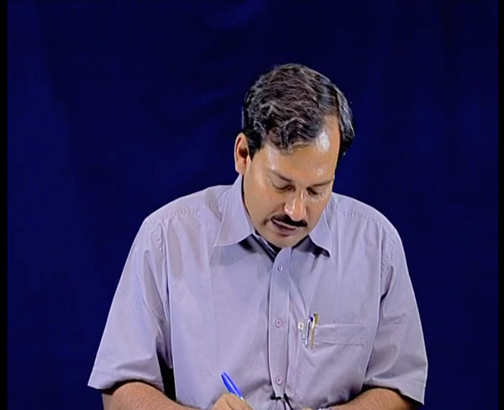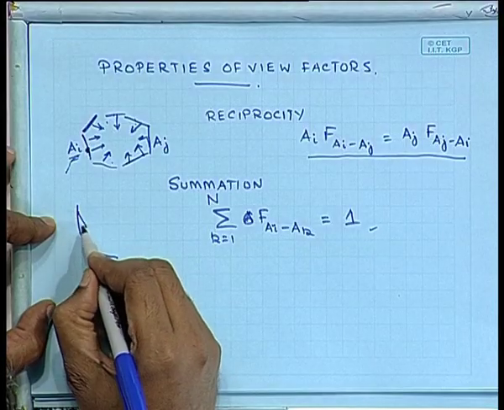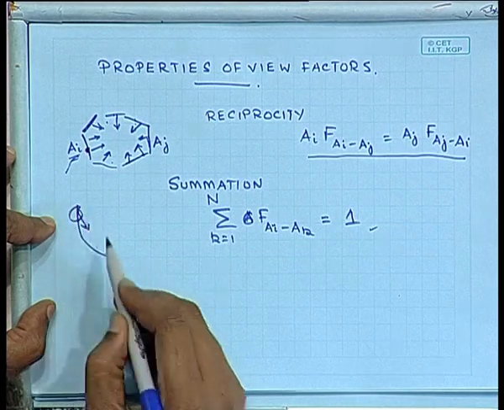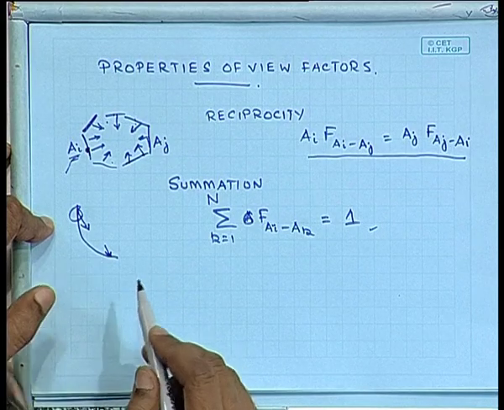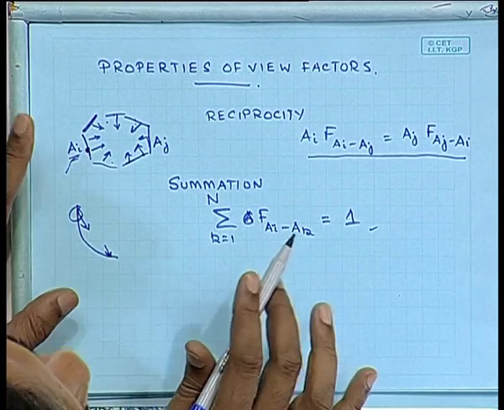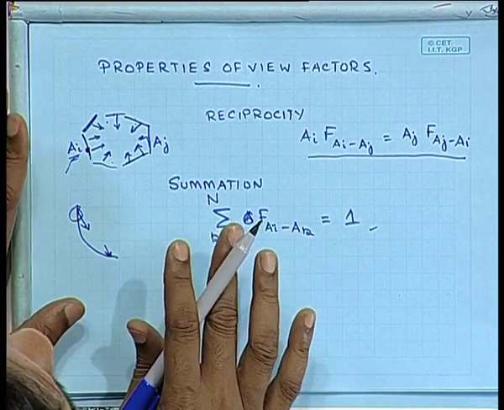Now, when I say that surface Ai is going to receive part of the radiation emitted by itself, it can only do so if the surface is concave. If the surface is a plane one or a convex one, then it is impossible for the surface to receive some amount of radiation which is being emitted by itself. Only if the surface is of this shape, then part of the radiation emitted by this zone is going to be absorbed by the other zone, in which case the view factor from one surface to itself will not be 0, but for a plane or a convex surface, the view factor to itself will be 0.